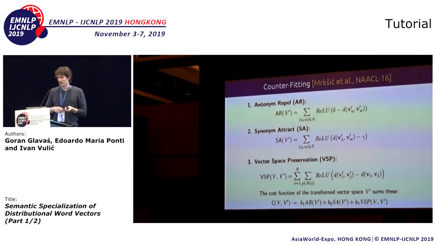The idea is to take a local neighborhood of the word, which means all the words that are in the radius based on the cosine distance below a certain threshold, and try to minimize the difference between original distributional distances and now distances of specialized vectors. So that's the vector space preservation term. The problem with that term was that it was really costly for large neighborhoods, for example. And then you combine these three terms into a joint objective. So that's the rough idea of counterfitting.